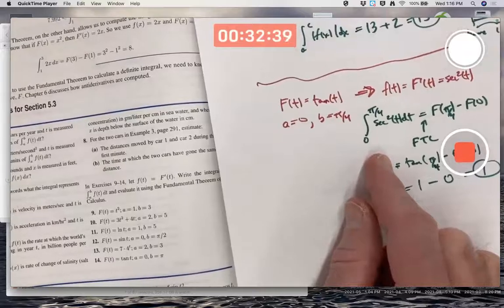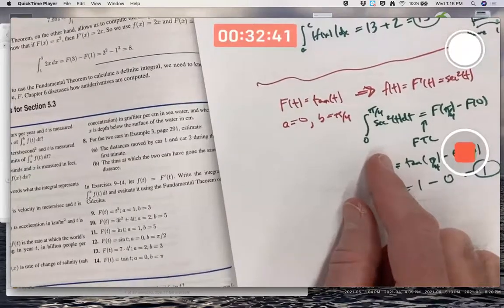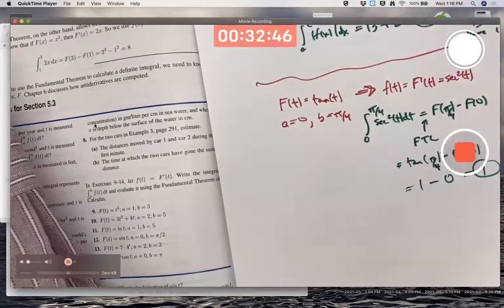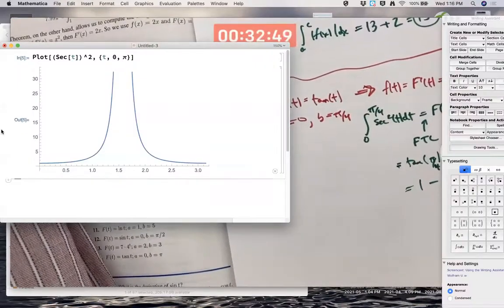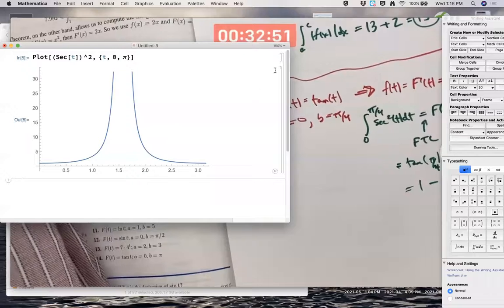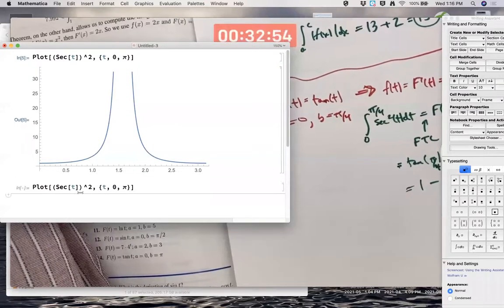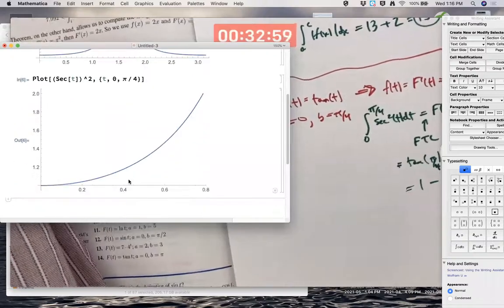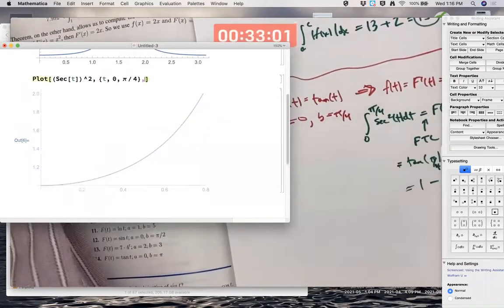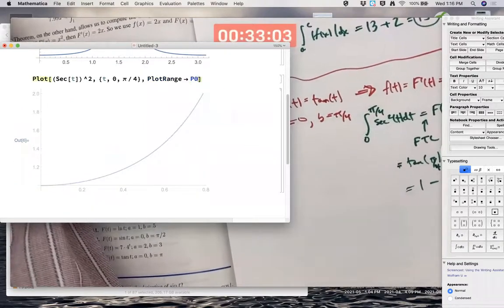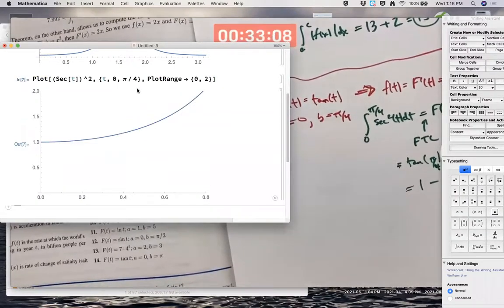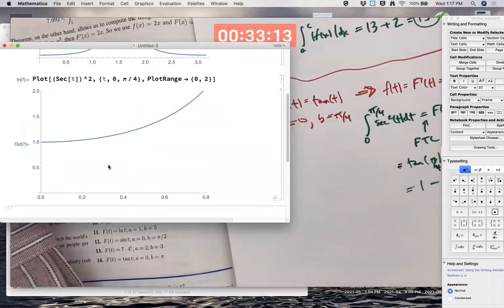We might be able to make sense out of it if we do something called improper integrals, but that's a calculus 2 subject, and it's not even clear to me that it's going to make any sense at all. If we just go from 0 to pi over 4, then the graph does not have a vertical asymptote. Looks like that. That's the graph of secant squared. And we've just said the area under this graph we've just found to equal 1.